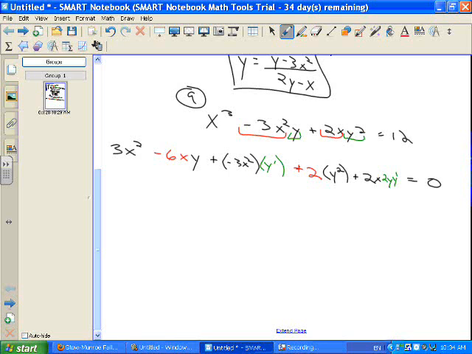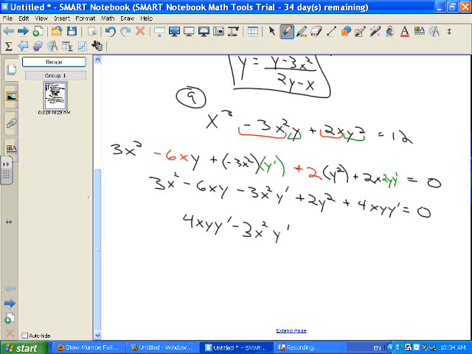All right, so let's make this look a little nicer before we start doing stuff to it. So 3x squared minus 6xy minus 3x squared y prime plus 2y squared plus 4xy y prime. Everything with a y prime stays, everything that doesn't has to go. So I'm going to get 4xy y prime minus 3x squared y prime equals 6xy minus 3x squared minus 2y squared.